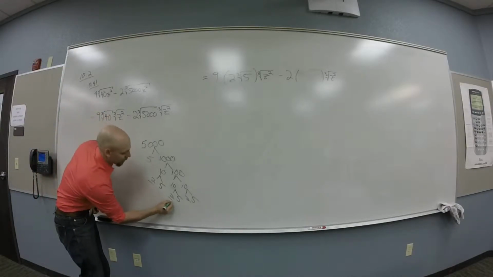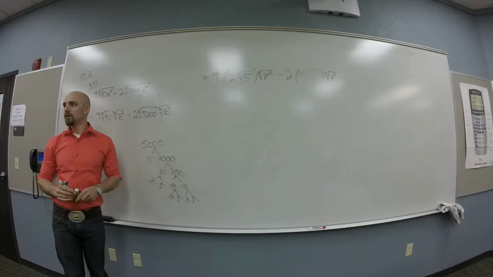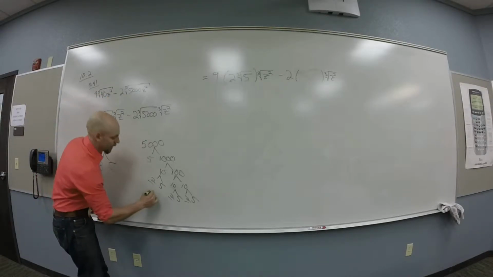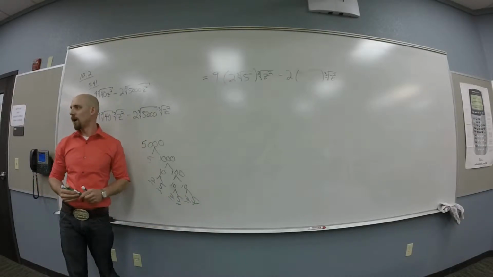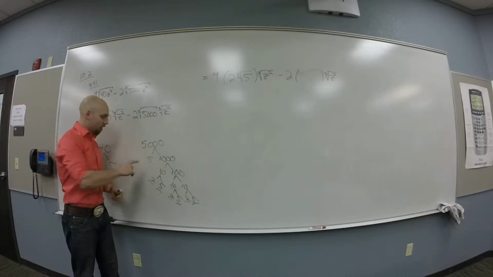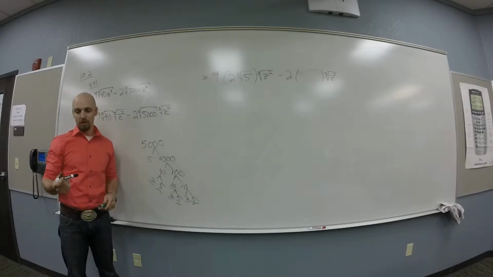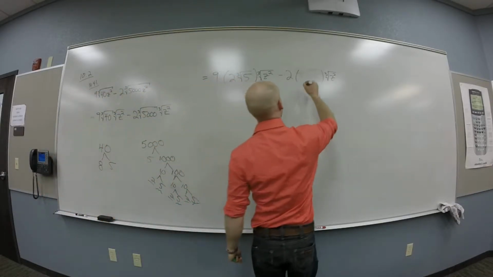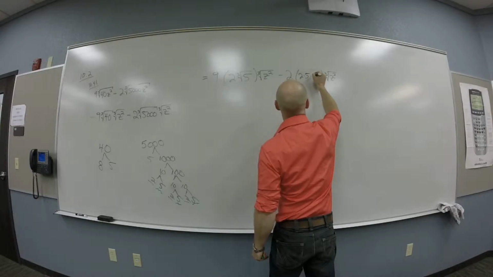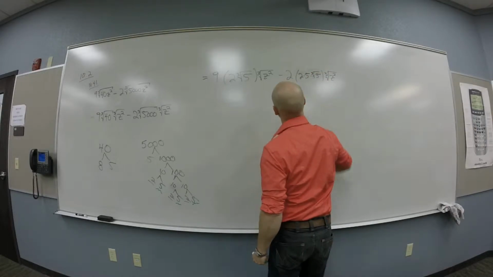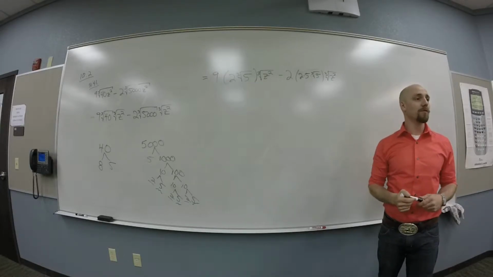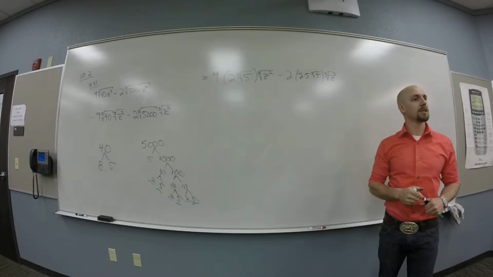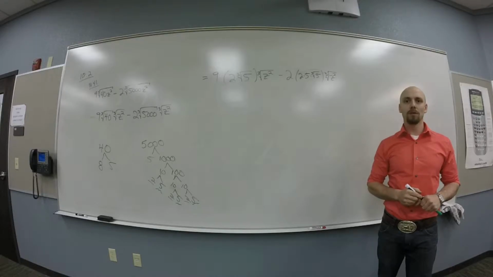Here there's 3 2's, so I'm going to pull a 2 out. And here there's 3 5's, so I'm going to get a 5 out. And there's 1 5 left over. So I could replace this with 2 times 5 times the cube root of 5, or 10 times the cube root of 5, however you happen to see this. You okay with that?